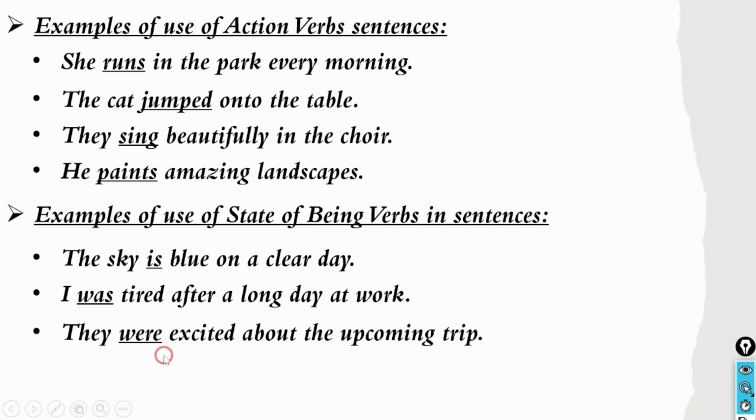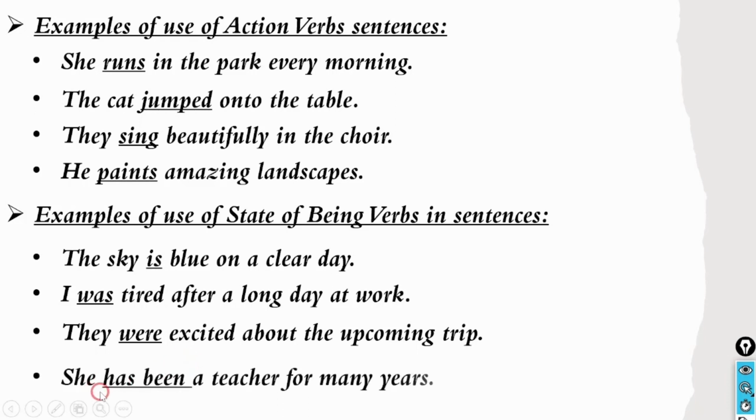So they were excited. You cannot say they excited about the upcoming trip. That would be wrong construction of the sentence. So you have to include the word were to indicate the state of how something is. They were excited about the upcoming trip.